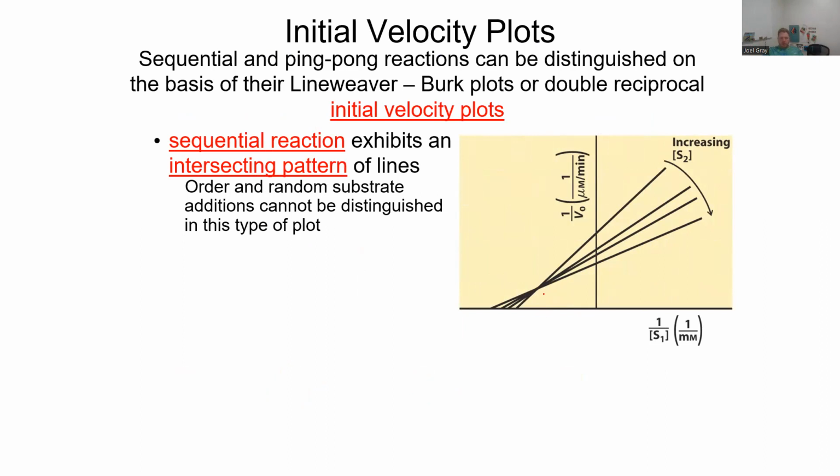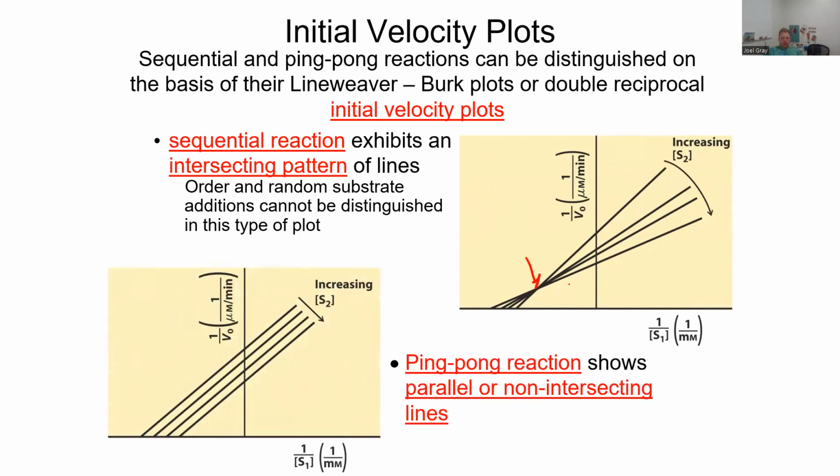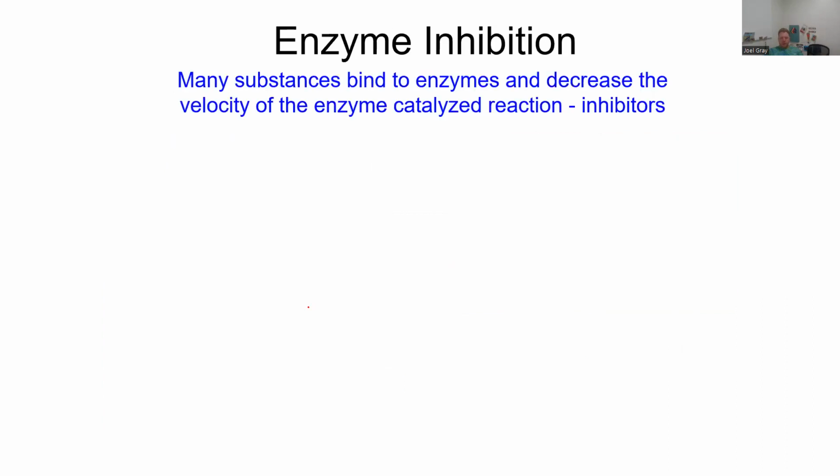So we're going to see something like this, where our intersection is in, I believe, quadrant 1 or 2. I can't remember which quadrant this is on a plane, but essentially we have this intersection there. Now, a ping pong reaction shows parallel or non-intersecting lines, where we have these very minor separations between each one of our product lines there.